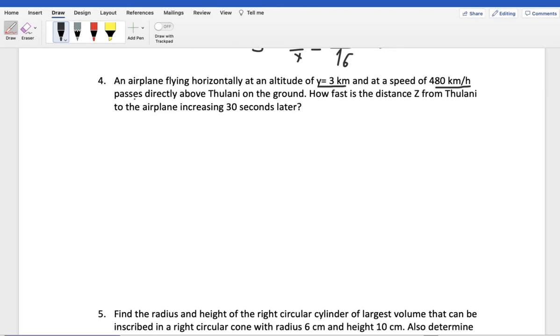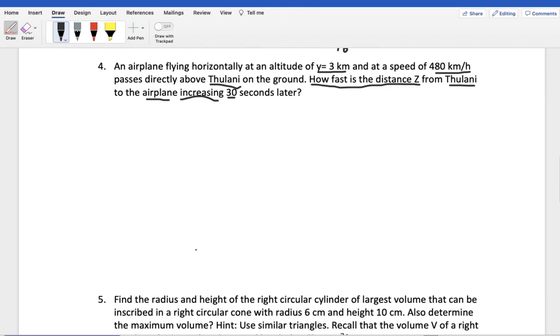And that plane is passing directly above a person named Tulani on the ground. They are asking us how fast is the distance z from Tulani to the airplane increasing 30 seconds later.